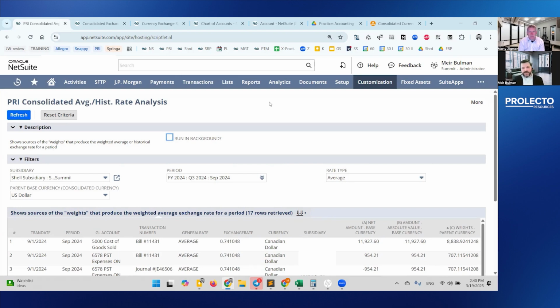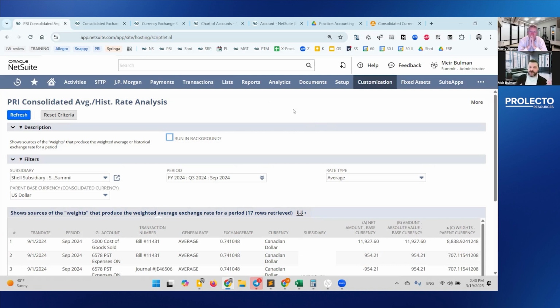Yeah. So the conversations usually start off with confusion around the consolidation process in NetSuite, CTA, cumulative translation adjustment. They're trying to understand fundamentally, what is NetSuite doing? The questions will sometimes come up as, well, I don't have any foreign currency transactions, or sometimes they're coming from the opposite direction.